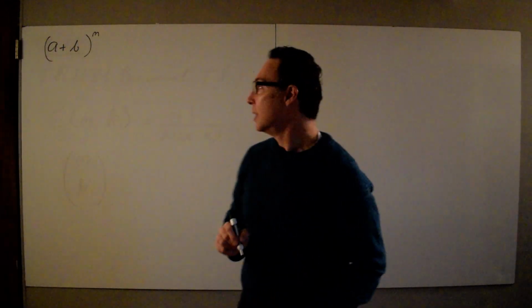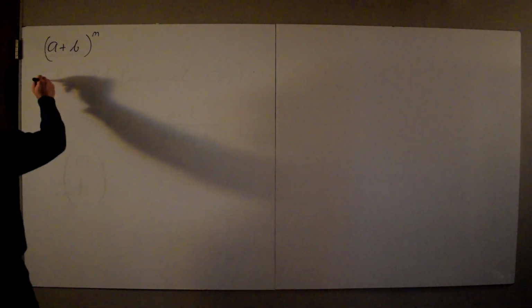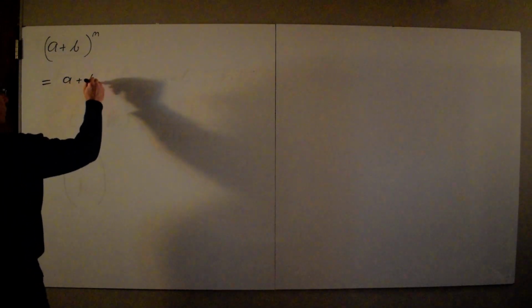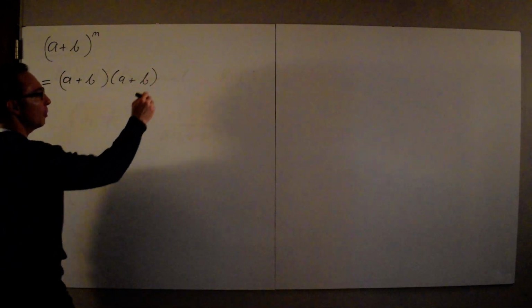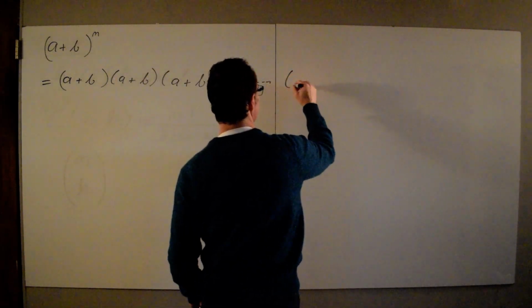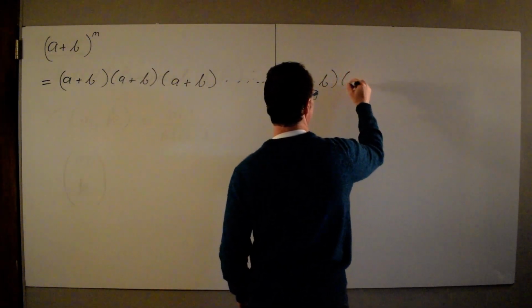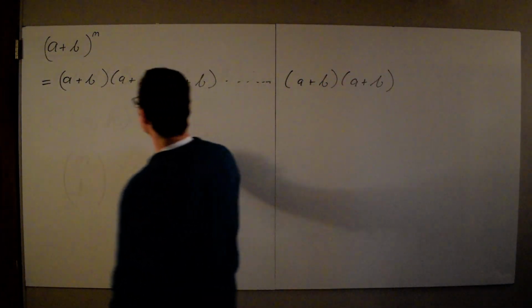The binomial theorem itself is a formula for a plus b to the n. First of all, let's write out what this is. We have a plus b times a plus b times a plus b, and there are n factors.